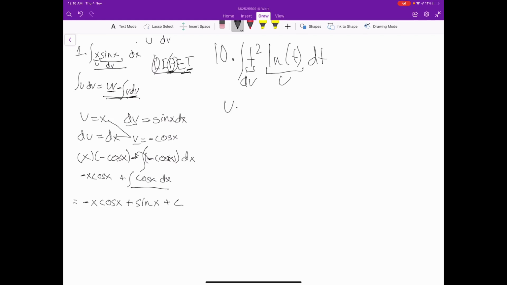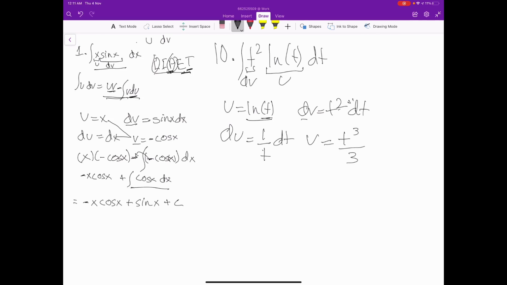So we will write u equals ln t and dv equals t squared dt. Don't forget the dt.